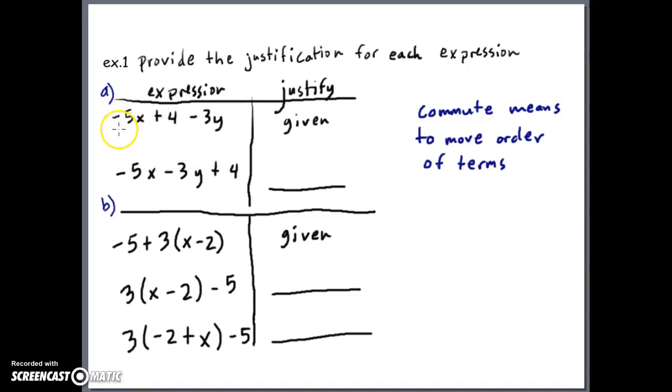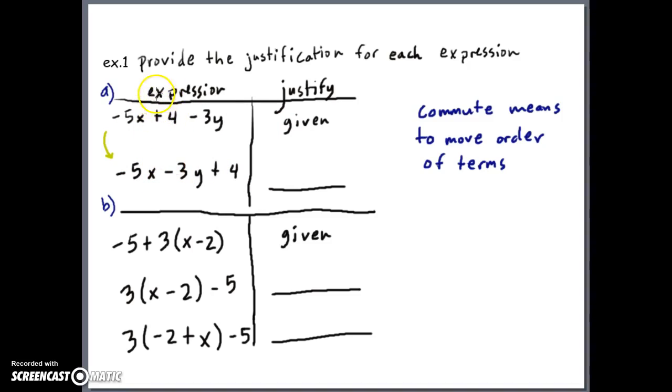So we have the expression negative 5x plus 4 minus 3y, and we go from this expression to the one below it, negative 5x minus 3y plus 4. We have to give a reason for why we can change the expression.